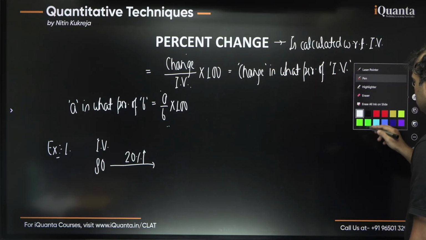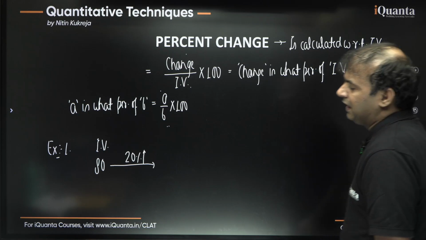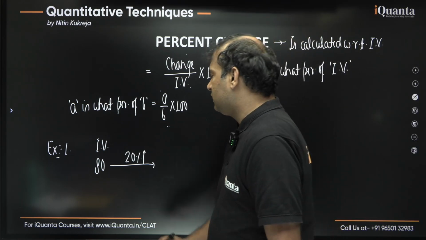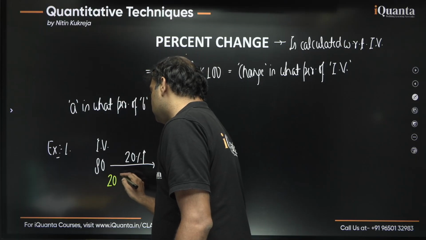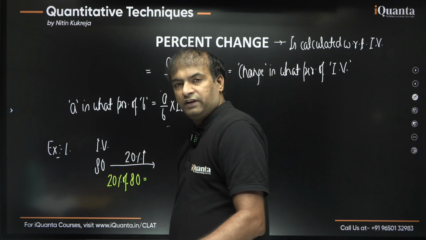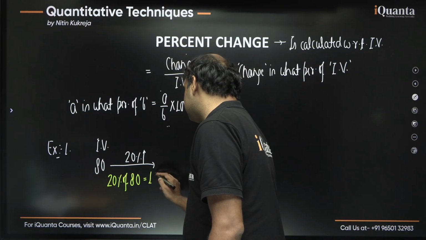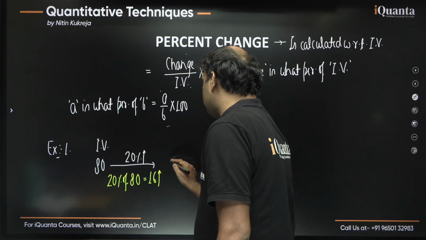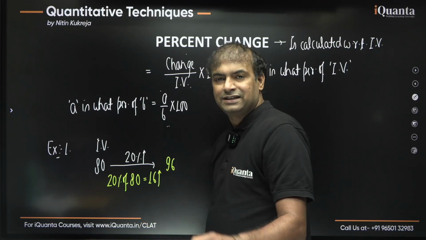So here initial value is 80, we know that, and percentage change is 20. So we can say what is the change in the initial value? We can say the change is 20% of initial value, which is 80 over here. Now what is 20% of 80? We can say this is nothing but 16, right? So now 80 is being increased by 16, so we can say the final value has to be 96, right?